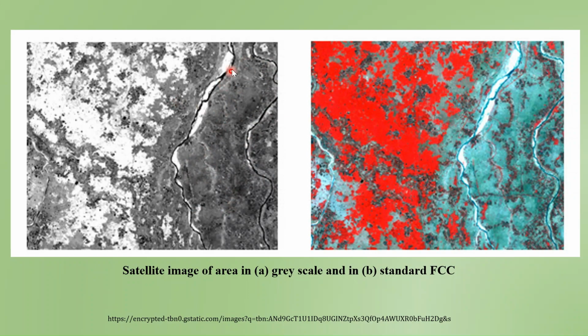So identification of different features on the gray scale is a little difficult, because on the basis of reflectance, these two features where we have the white color look similar.